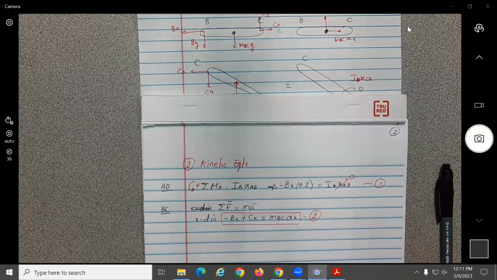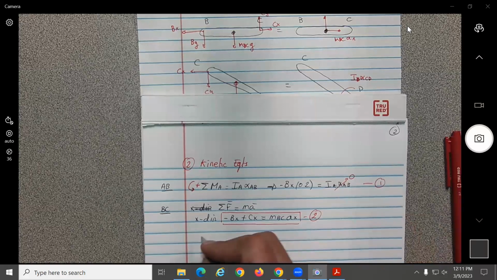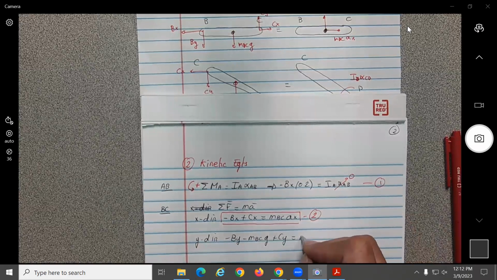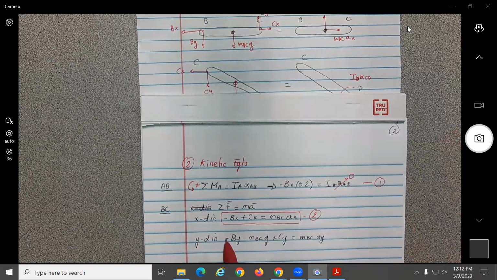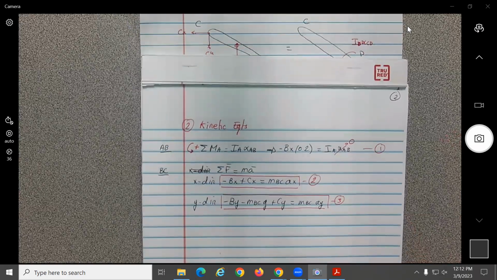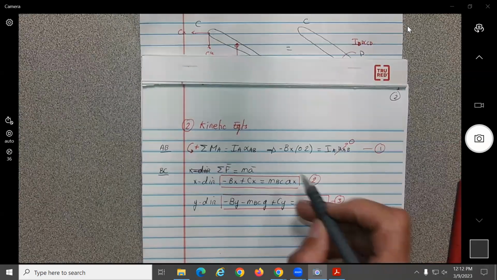Equation 2. Okay, y direction will give us what? Minus BY minus MBC G plus CY equal to MBC AY. Equation 3. Really, the first equation is not giving us anything.